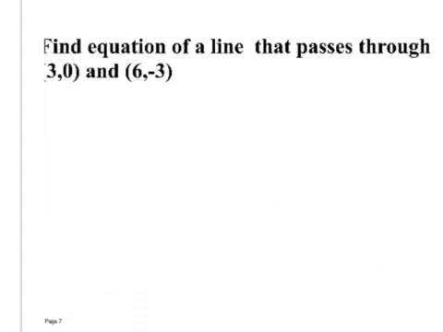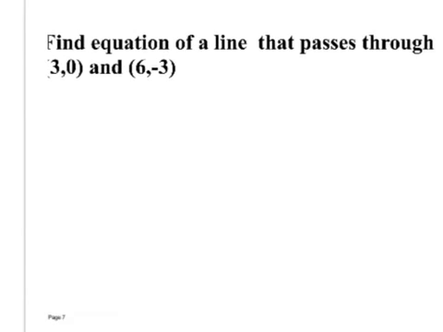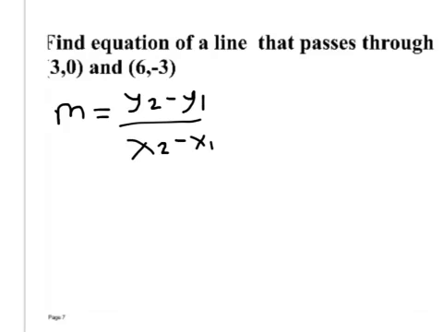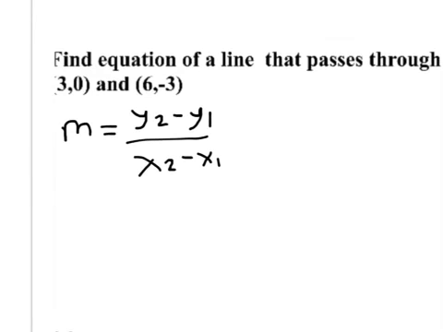These 2 points: 3, 0 and 6, negative 3. So a line goes through these 2 points. First thing I need to do is find the slope. So I use this equation. Again, it doesn't matter. I'm going to say this is point 1 and this is point 2.